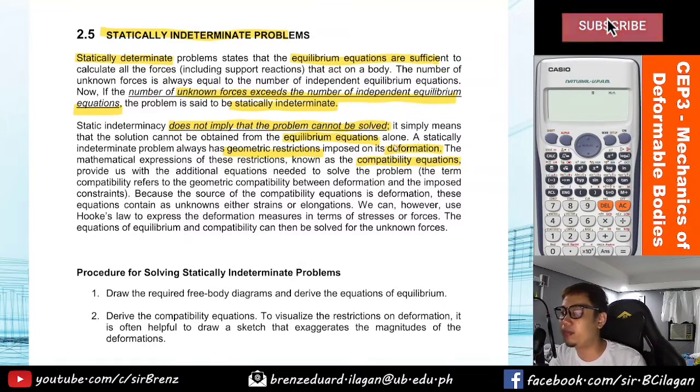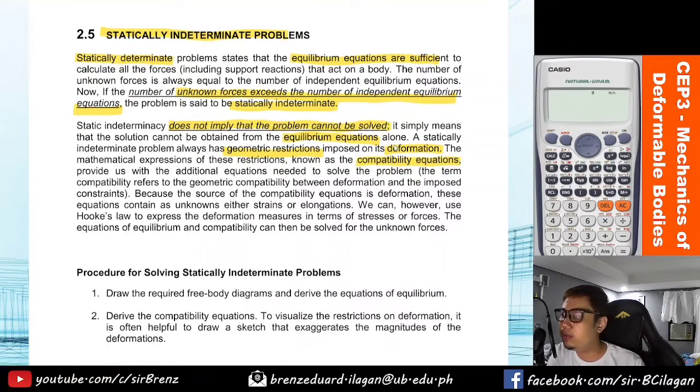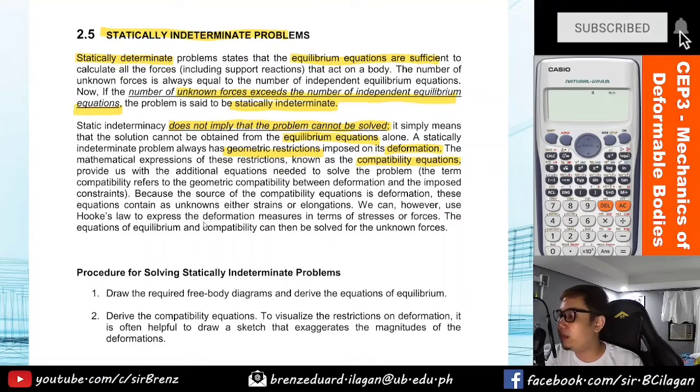So, ang tawag sa kanya is compatibility equation. This provides us with the additional equation needed to solve the problem. The term compatibility refers to the geometric compatibility between the deformation and the imposed constraint. Because the source of the compatibility equation is deformation, this equation contains as unknowns either strains or elongations.